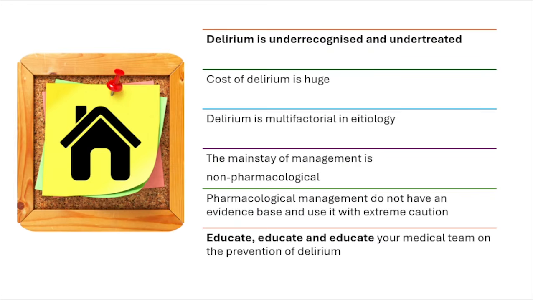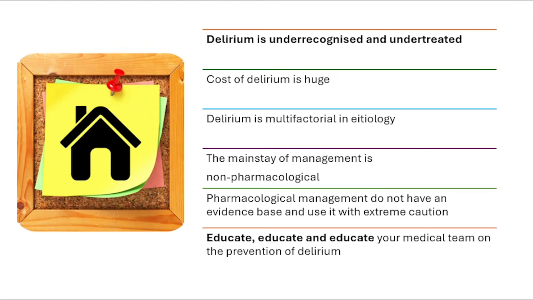Okay, I'm on time. So a few take-home messages. Delirium is under-recognized and under-treated. The cost of delirium is huge at the personal level, for family, the healthcare team, and the government. Healthcare cost is huge. Delirium is multifactorial in etiology.